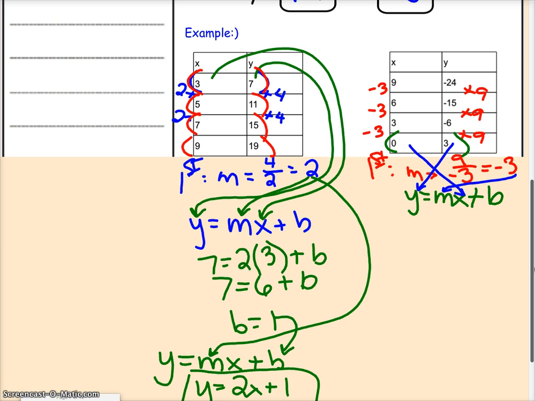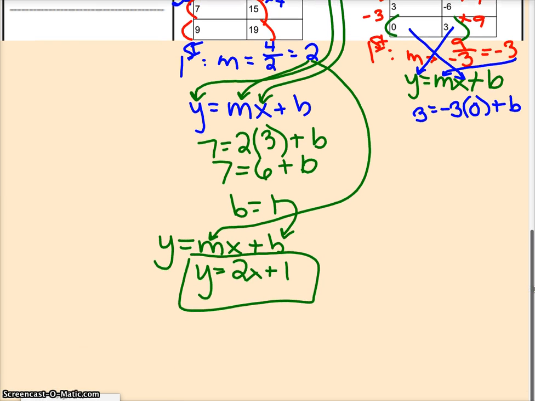Y goes here. So 3 equals negative 3 times 0 plus b. That's me plugging everything in. 3 equals 0 plus b. 3 equals b.